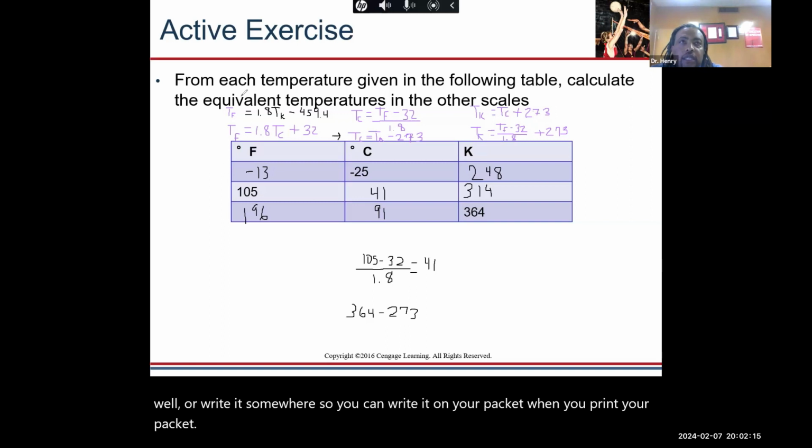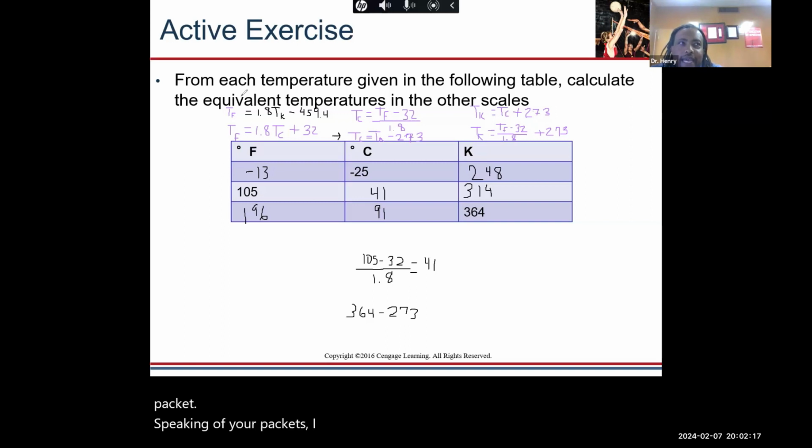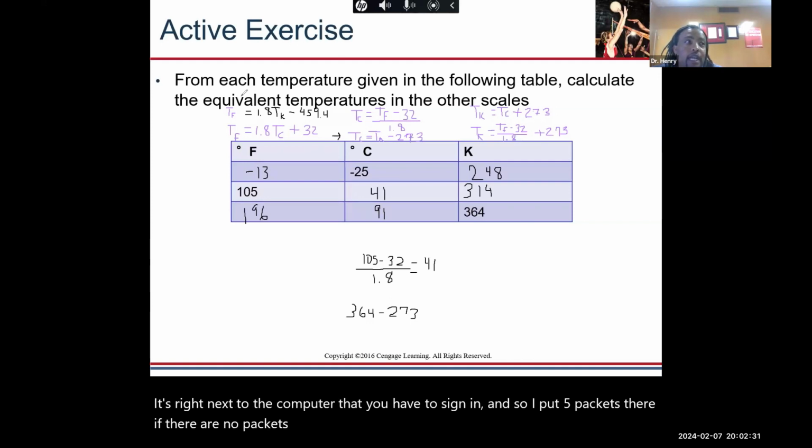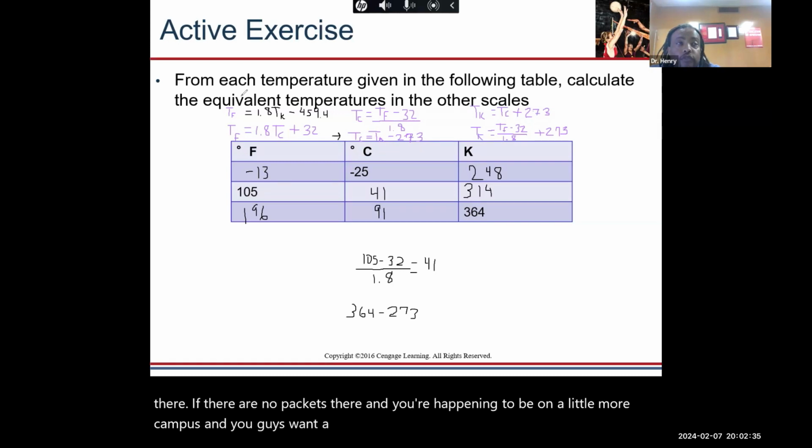Speaking of your packets, I have put 5 packets at the Lemoore campus in the ACE tutoring center. It's right next to the computer that you have to sign in. If there are no packets there and you happen to be on the Lemoore campus and you want a packet, let me know and I'll drop off some more.